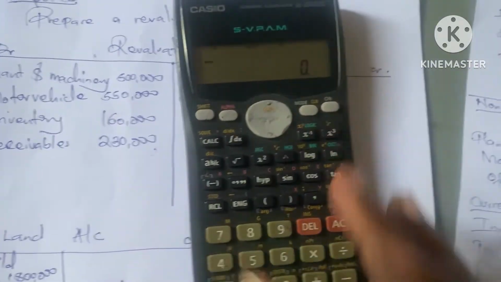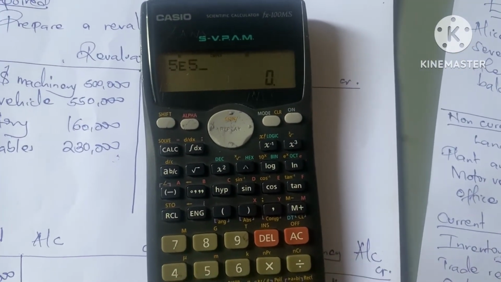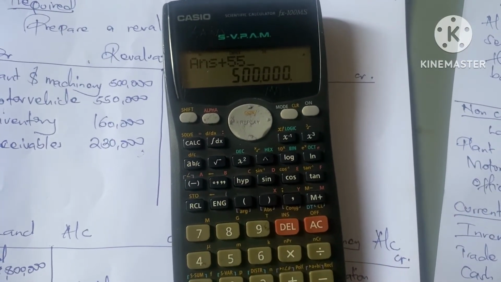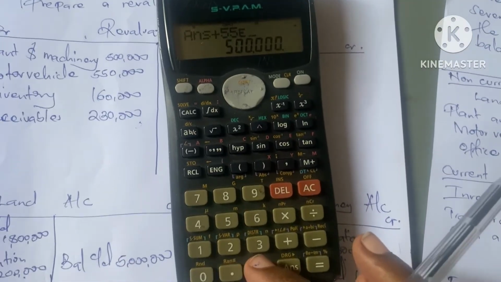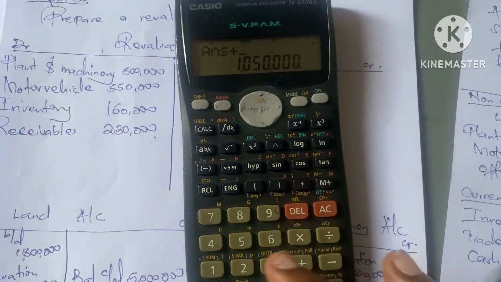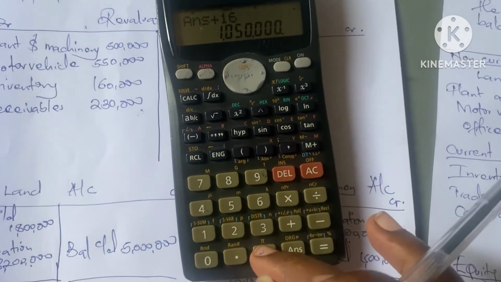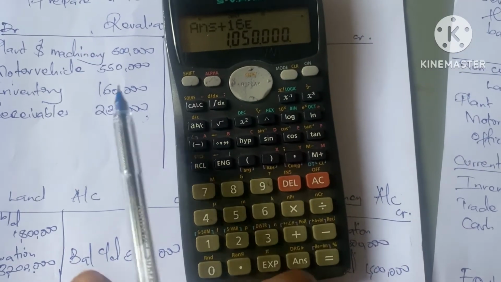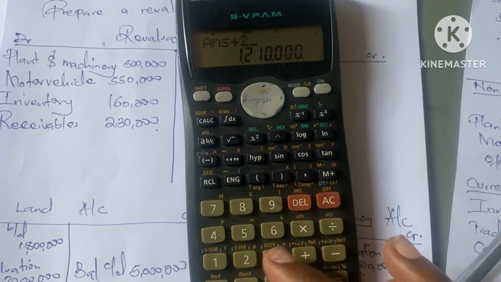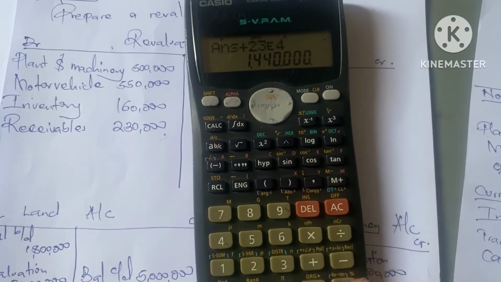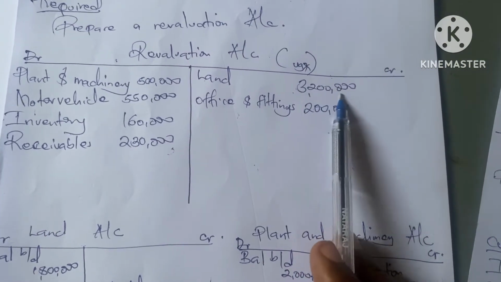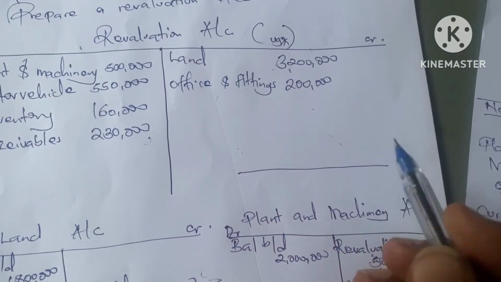We see, so 500,000 plus 550,000, then plus 160,000, then plus 230,000, and this is 3.4. So this side is greater, so meaning it is a profit.